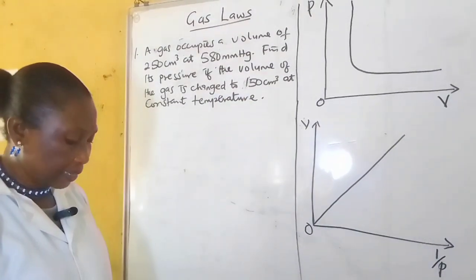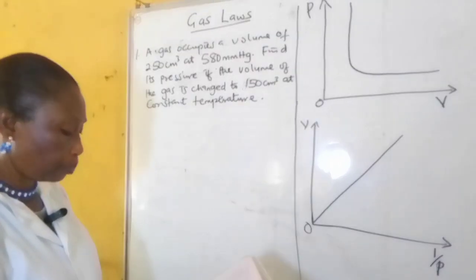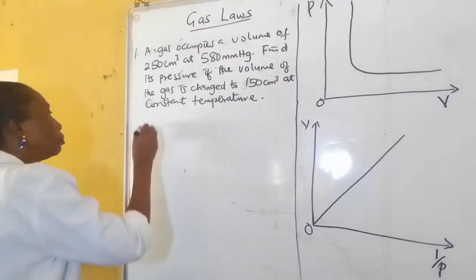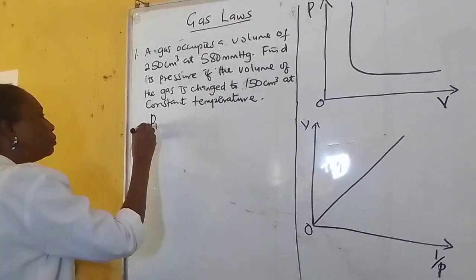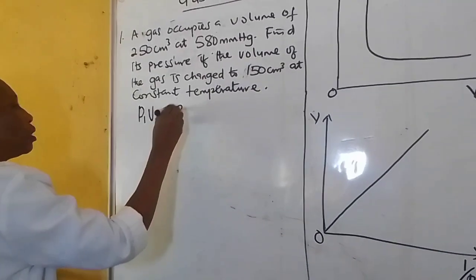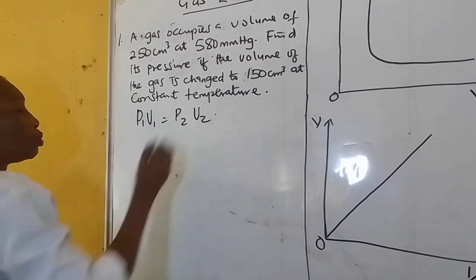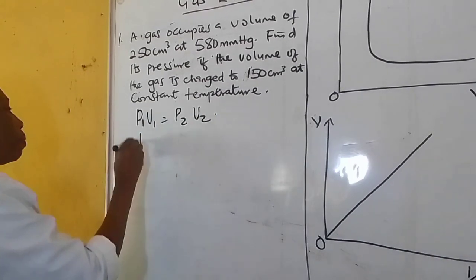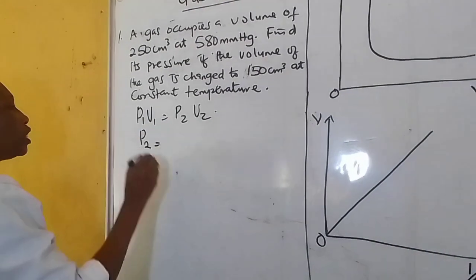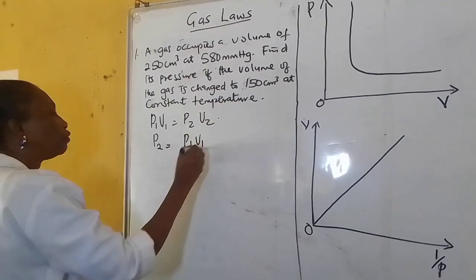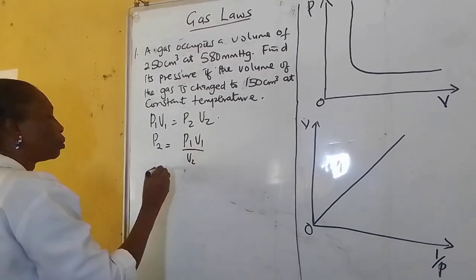So we take the equation P1 V1 is equal to P2 V2. Since we are looking for P2, we make P2 the subject of the formula. P2 is equal to P1 V1 over V2.